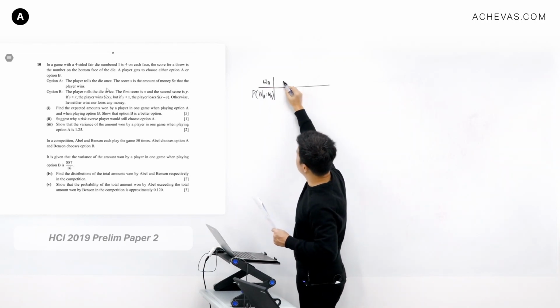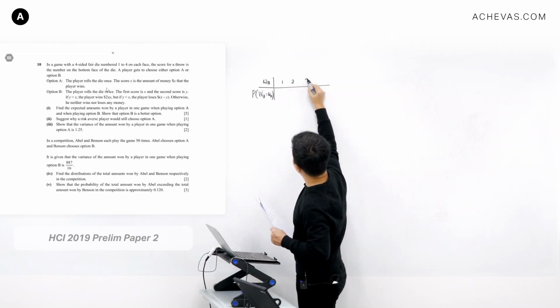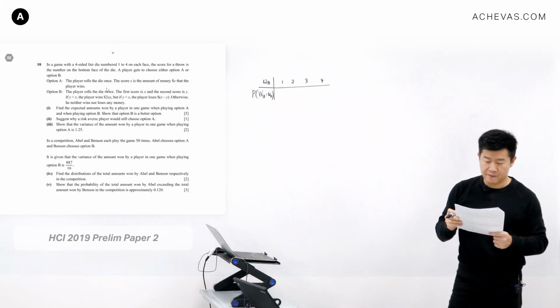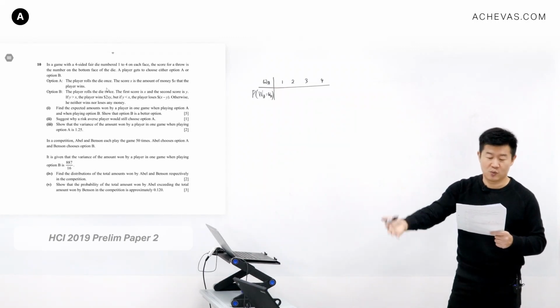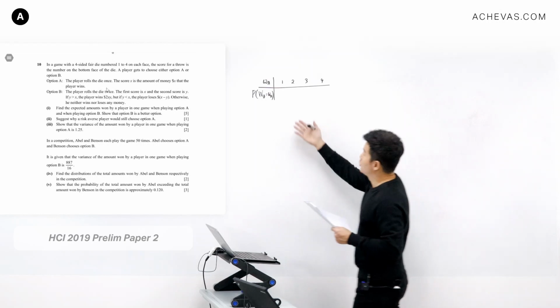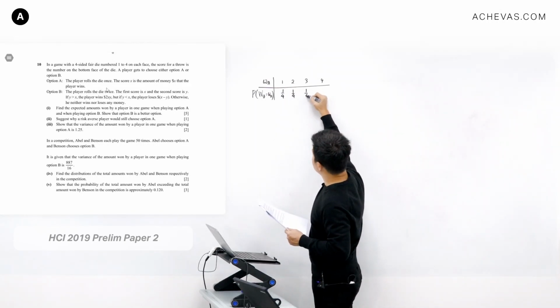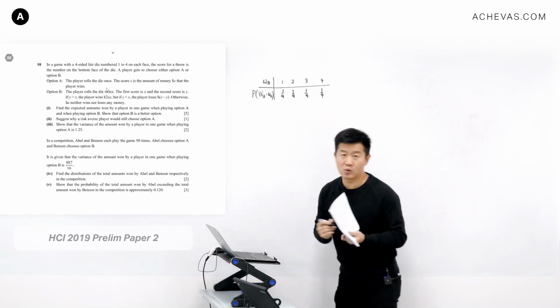The possible outcomes will be 1, 2, 3, 4. This is the amount of money that is won. It is what is appearing on the dice. Because this is a fair dice, this is 1 quarter, 1 quarter, 1 quarter, 1 quarter.